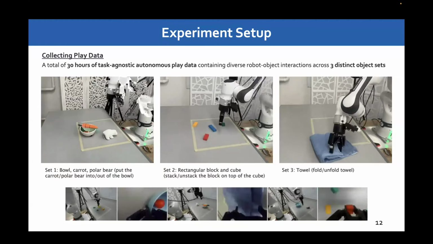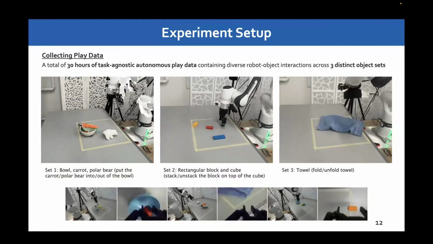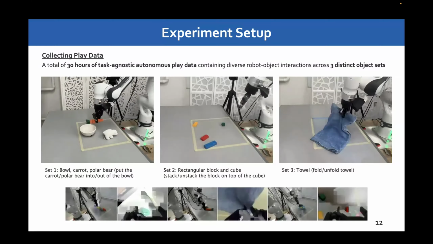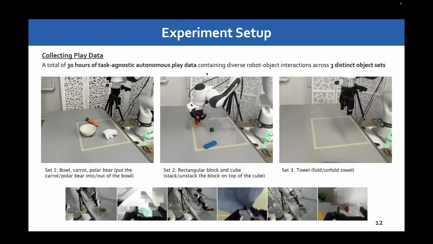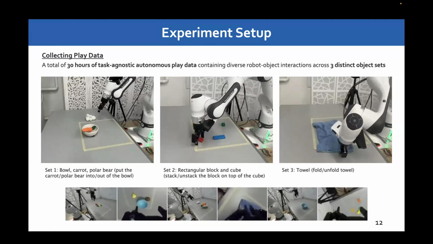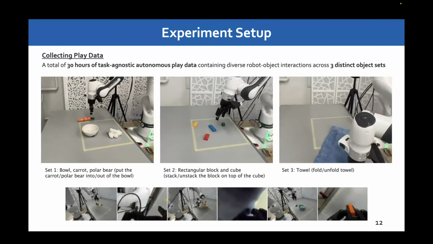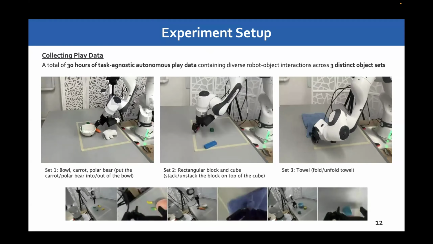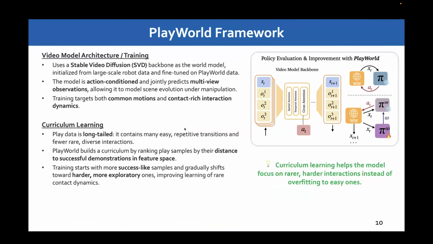Yes. I think based on the paper, they don't really do any filtering. They just use the data that is collected because, for example, the failures and the different out-of-distribution interactions actually help learning better dynamics. But I think the core part is that when you naively use all the data together, without any kind of curriculum, it is much worse than using a curriculum.